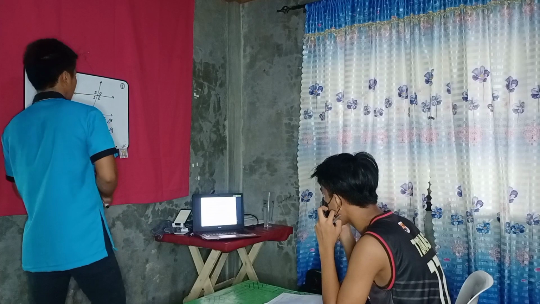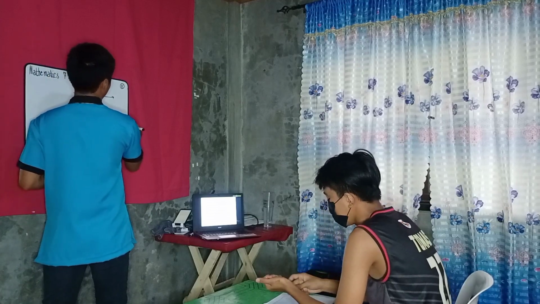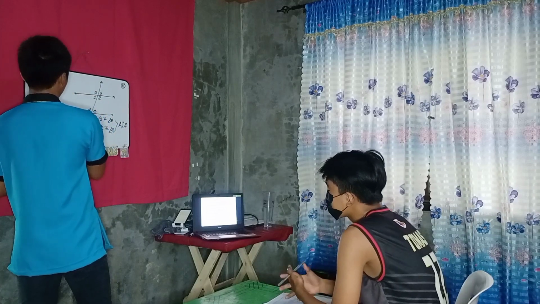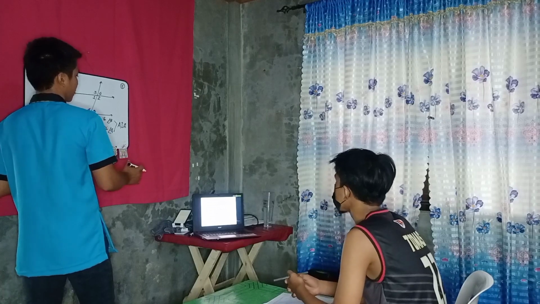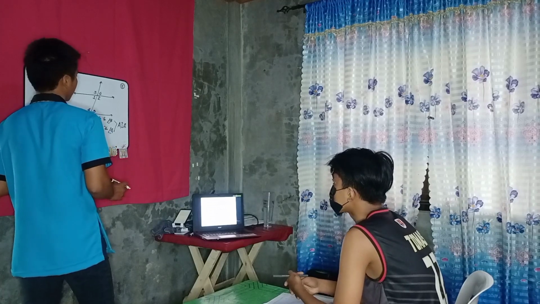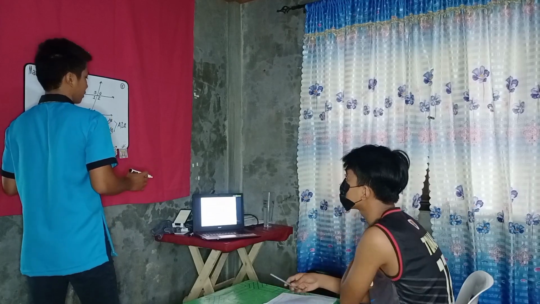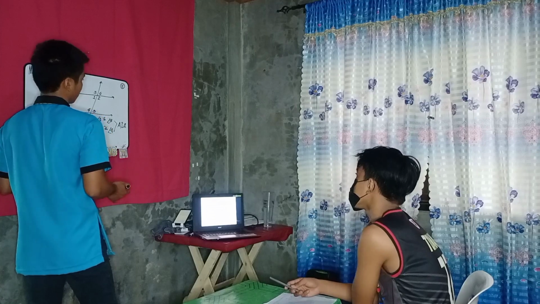Okay, thank you, Ken. So, earlier was our alternate interior angles, while the second one is alternate exterior angles. Our next theorem is about the parallel corresponding angles theorem: if two parallel lines are cut by a transversal, then the corresponding angles are congruent.